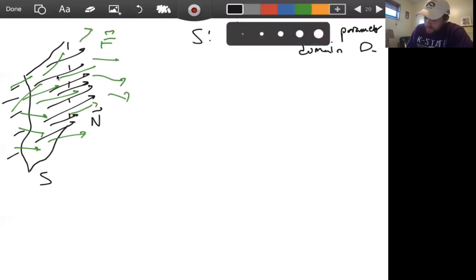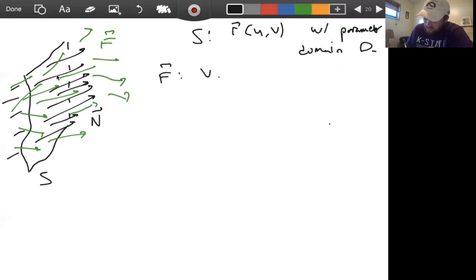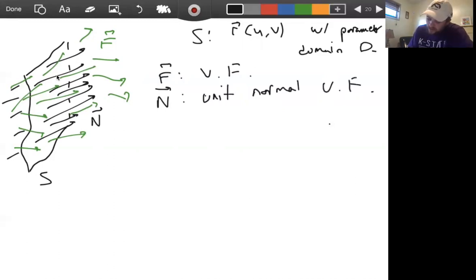Right? And we want to calculate the flux through this. So we have F is a vector field, N is, yeah, let's let N be the unit normal vector field. Okay, and now to calculate flux, we need a few things.